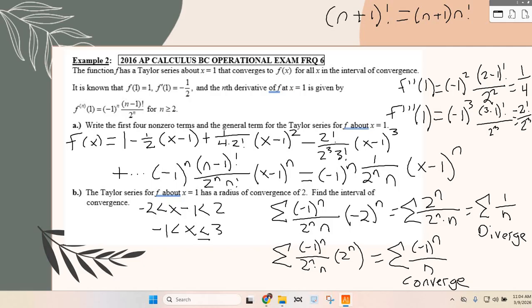That means, again, this is an interval of x values that will make this Taylor series converge. Think of it like a domain for my x, right? Which means that -1 is not included in my domain, but 3 is included in my domain. So when I plug in -1, I'm not going to get a convergent series. When I plug in 3, I will get a convergent series.